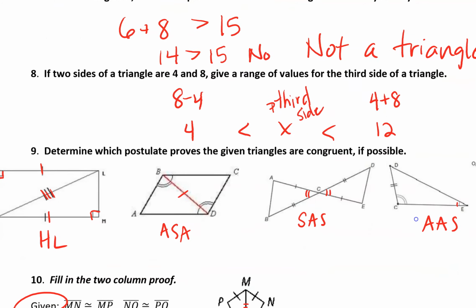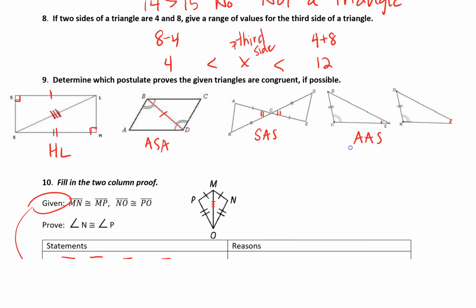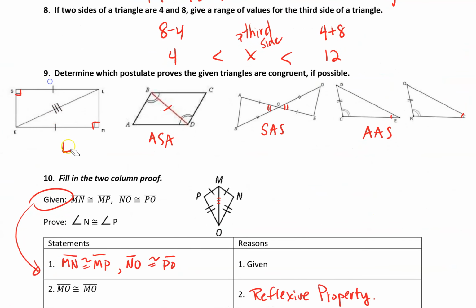All right, the 5 postulates. Hypotenuse leg, we'll go over these real quick and I'll rewrite it just to draw your attention to it. The question is, are they congruent? Well, we've got a hypotenuse, that means a right angle, and then its hypotenuse, and it's got one other side, so that meets the hypotenuse leg criteria.